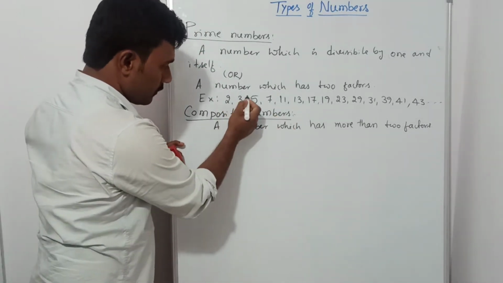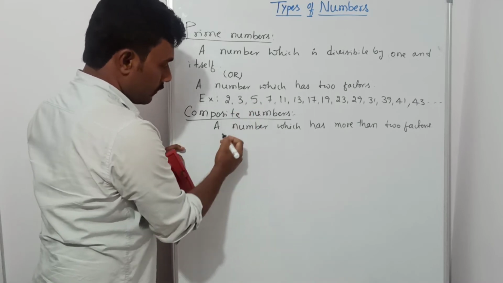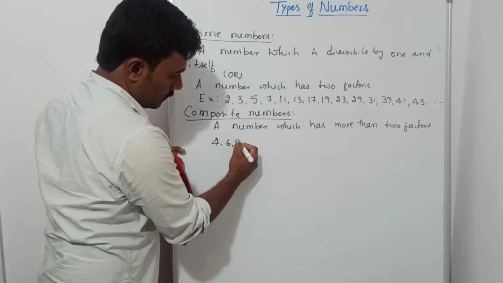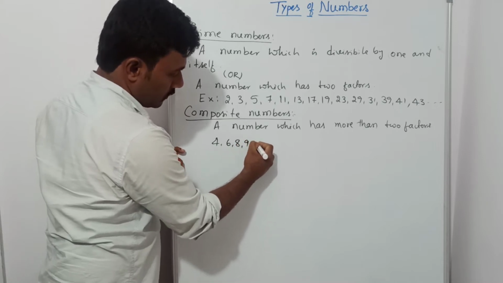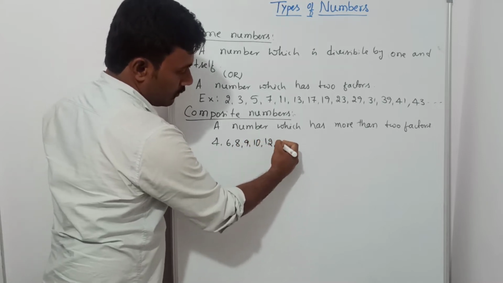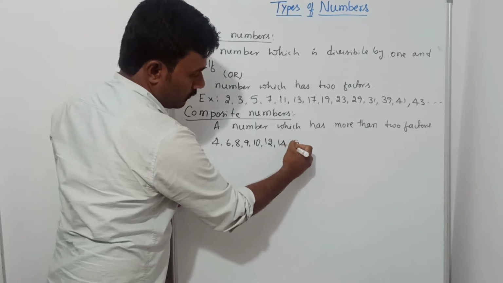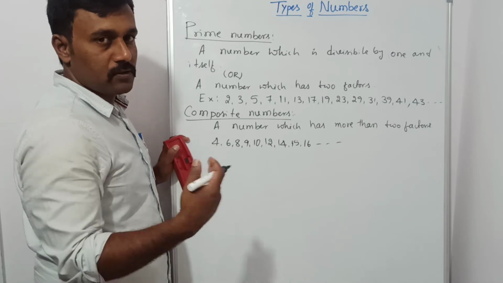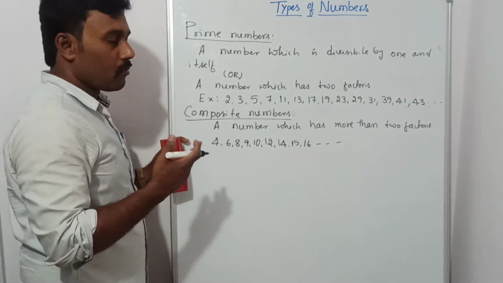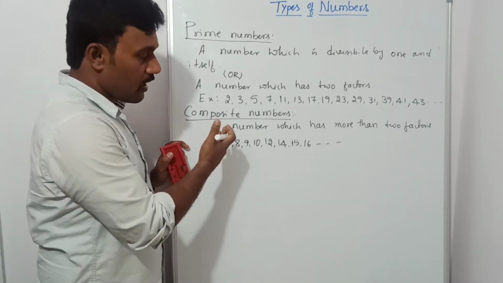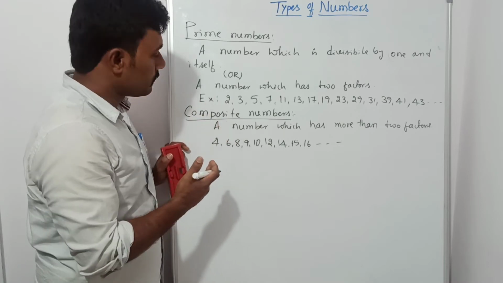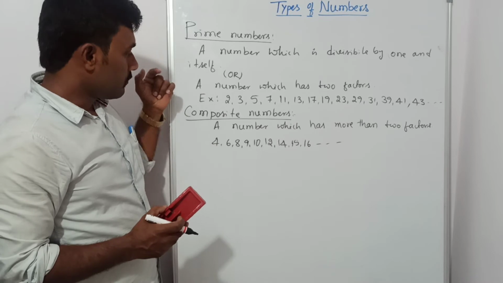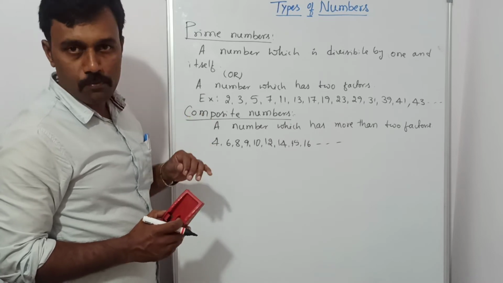Example, between 3 and 5, we have 4, then 6, 8, 9, 10, 12, 14, 15, 16, 18, 20, 21, etc. So these are all composite numbers because they have more than 2 factors. This is how we can classify the numbers into prime and composite.